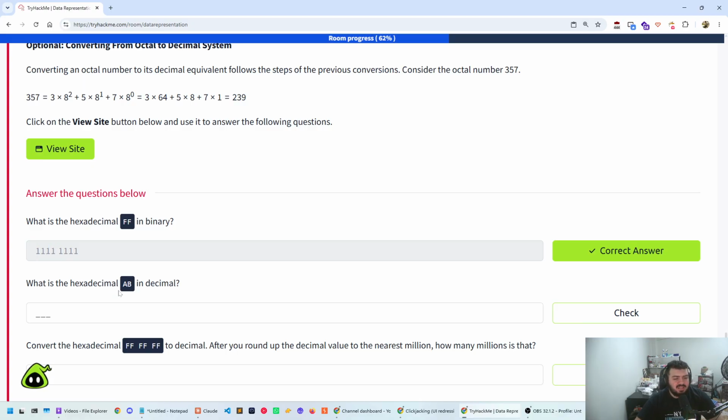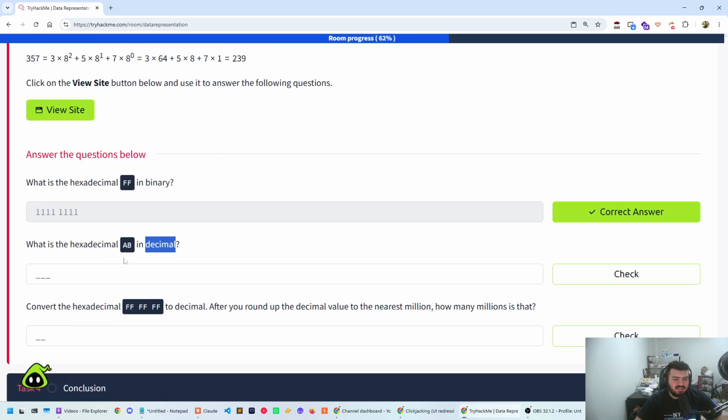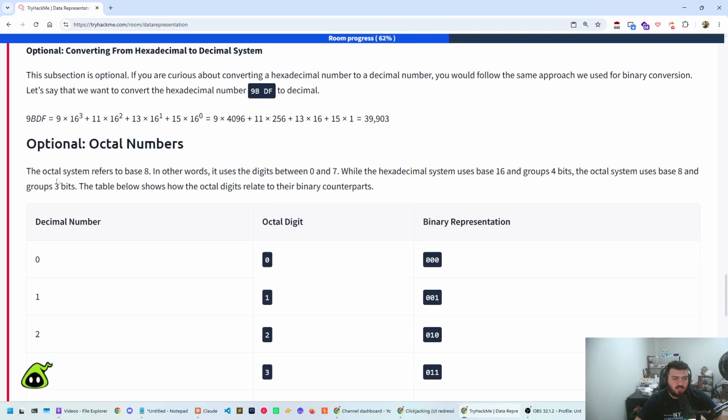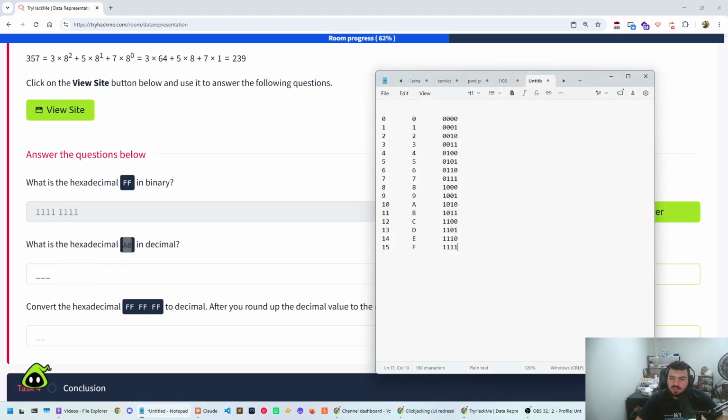What is the hexadecimal AB in decimal? Okay, so you want to convert from hexadecimal to decimal. Now we know that hexadecimal is base 16. So what we could do here, starting from B, we know B is 11. So 11 multiplied by 16 to the power of 0. And then 10 multiplied by 16 to the power of 1.